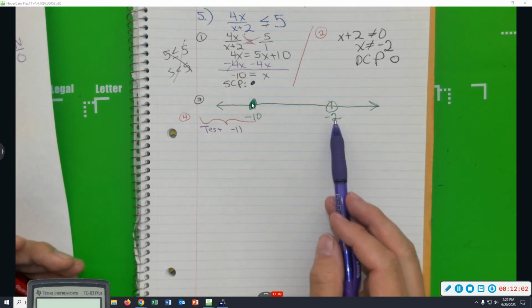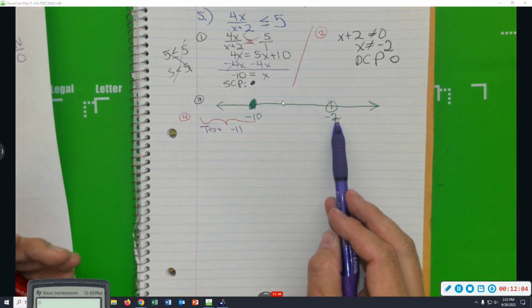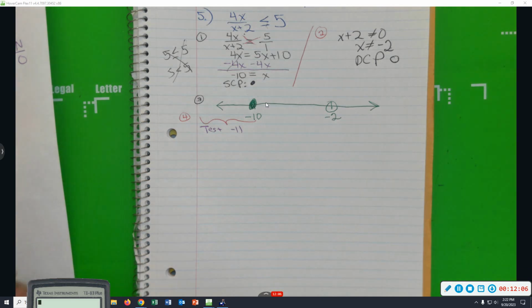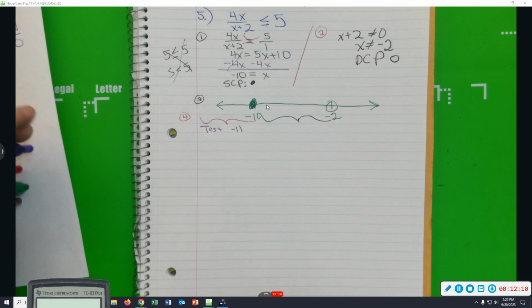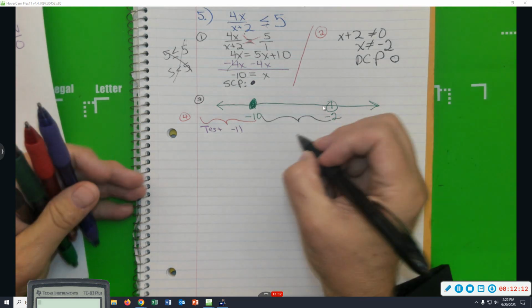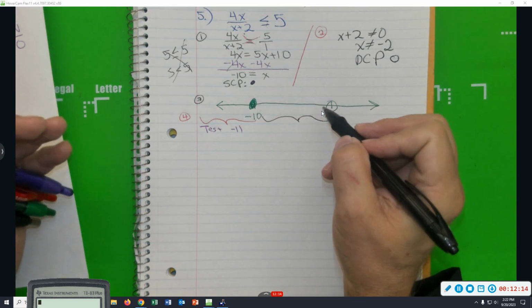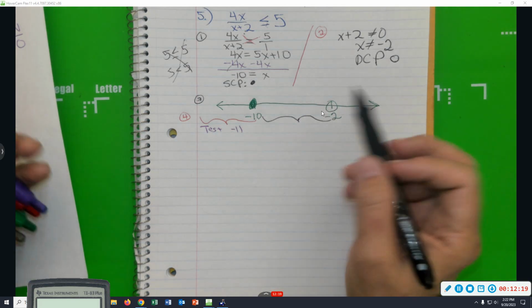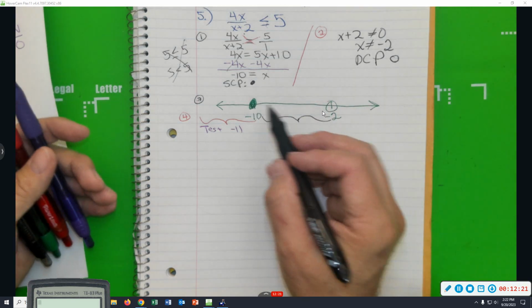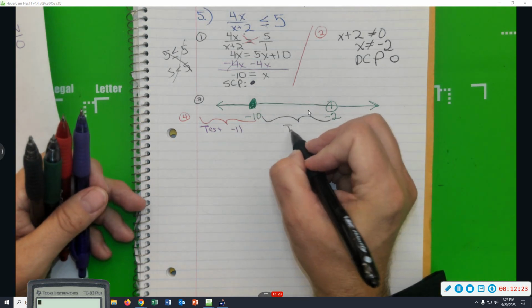Between -10 and -2, could use negative what? -4. You could use -3. If you want to use an integer, you could use -3, -4, -5, up to -9. We'll test -4 then.